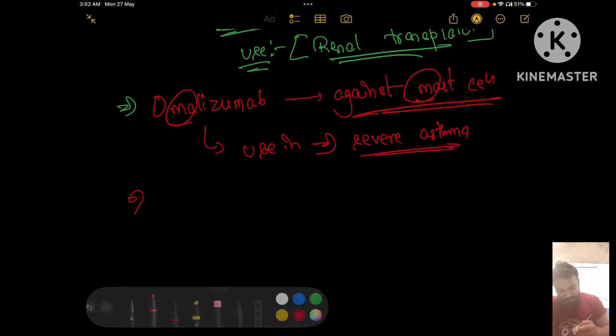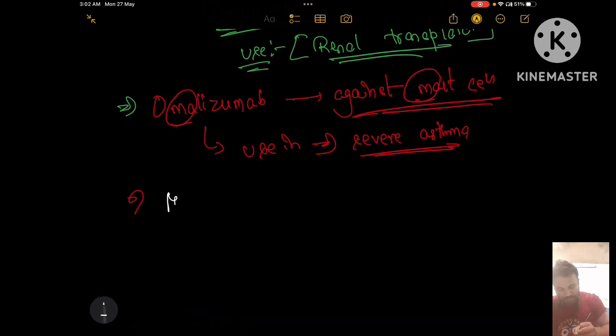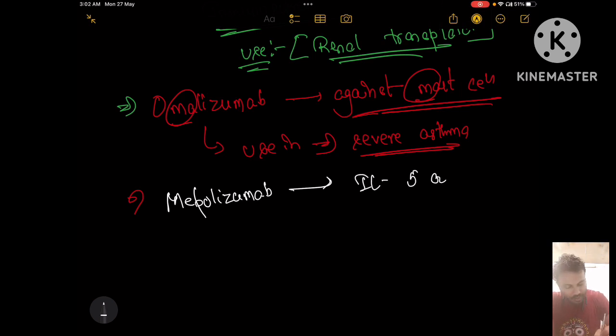Next, mepolizumab. It is an interleukin 5 antagonist. Interleukin 5 stands for eosinophils.